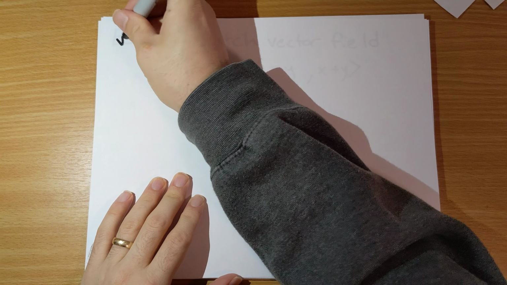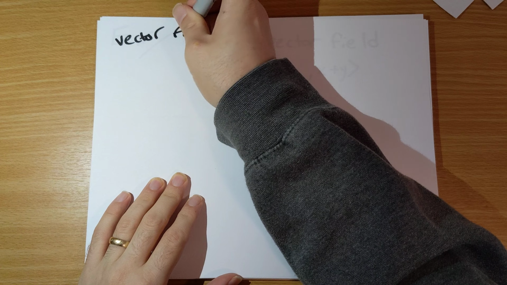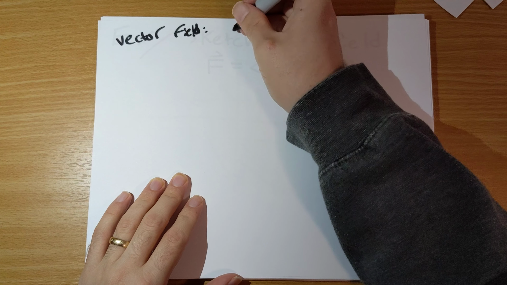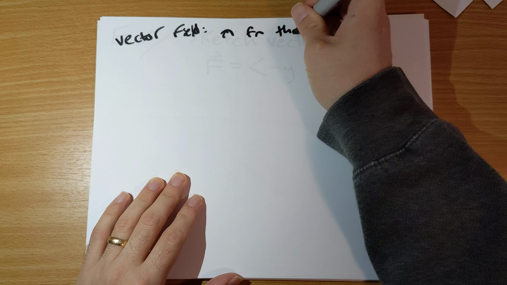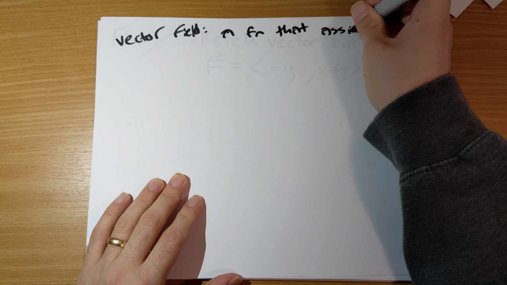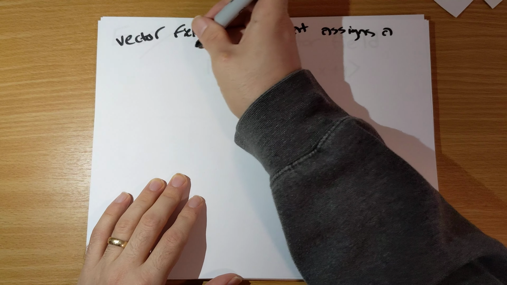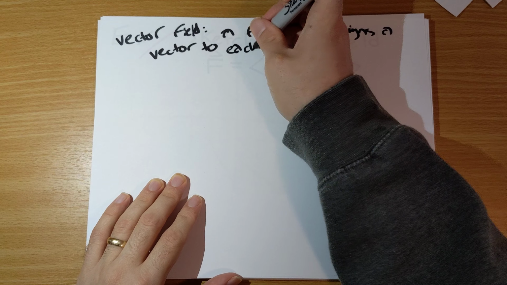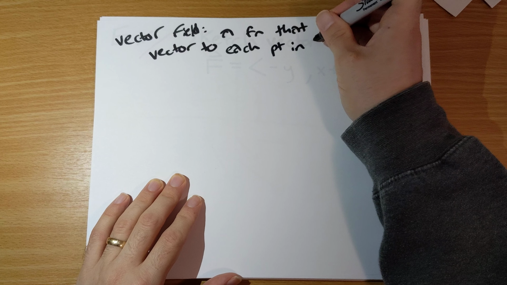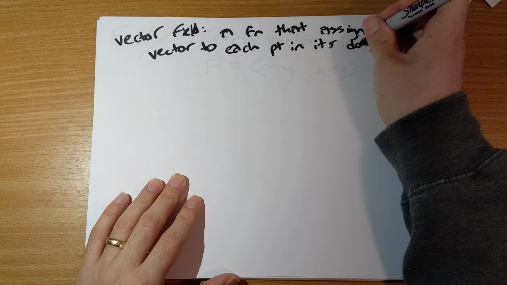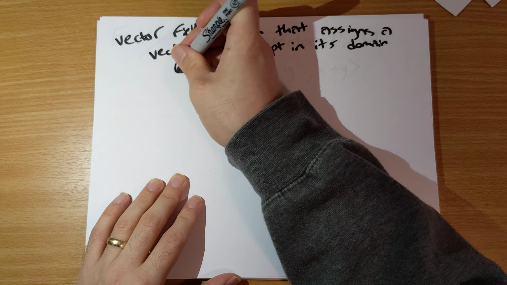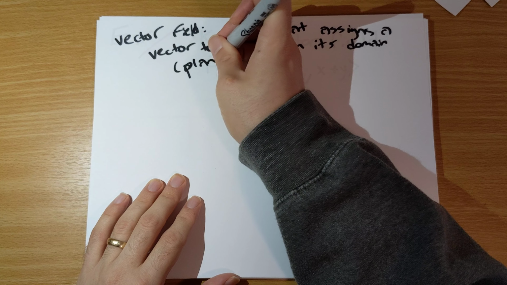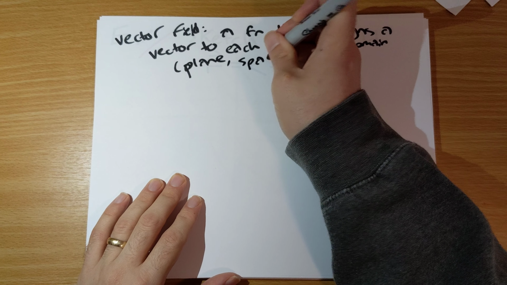A vector field is, by definition, a function that assigns a vector to each point in its domain. And the domain is basically always going to be the 2D plane or 3D space.